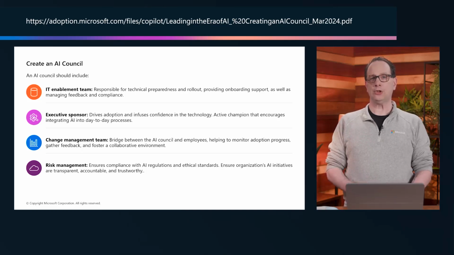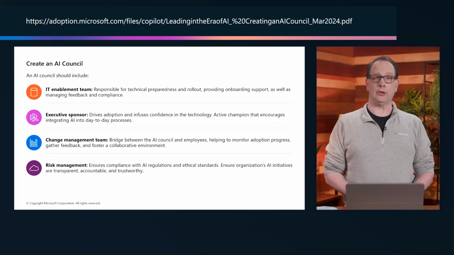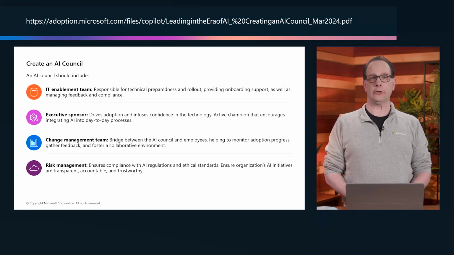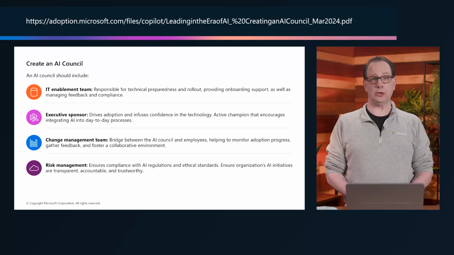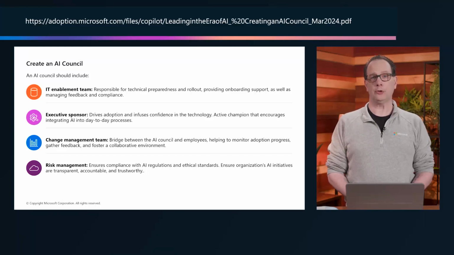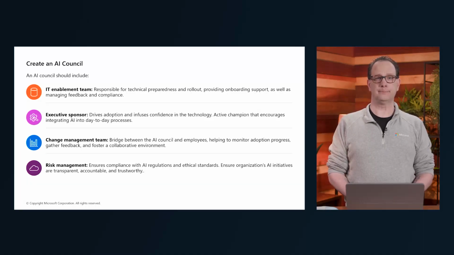Honestly, imagine your organization adopting different AI services, integrating concepts and platform solutions, where Microsoft 365 Copilot is honestly only one of them. In this specific case, you could have multiple adoption teams all reporting up to the AI Council.